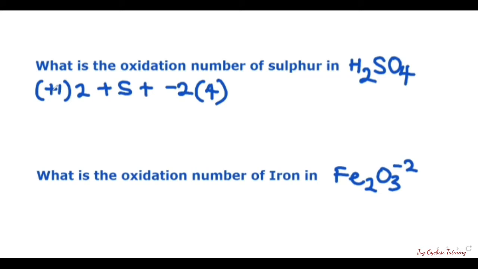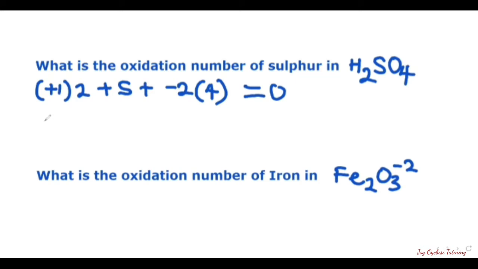And of course, this is a neutral compound. The last rule told us that the sum of the oxidation numbers of a neutral compound is equal to 0. So the sum of all the oxidation numbers should be equal to 0.